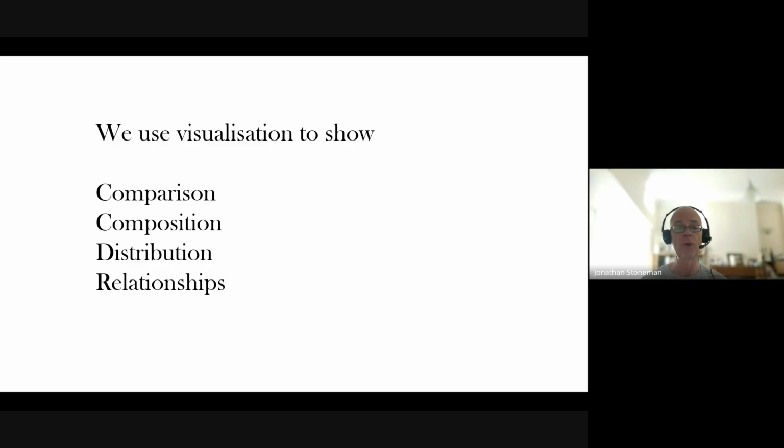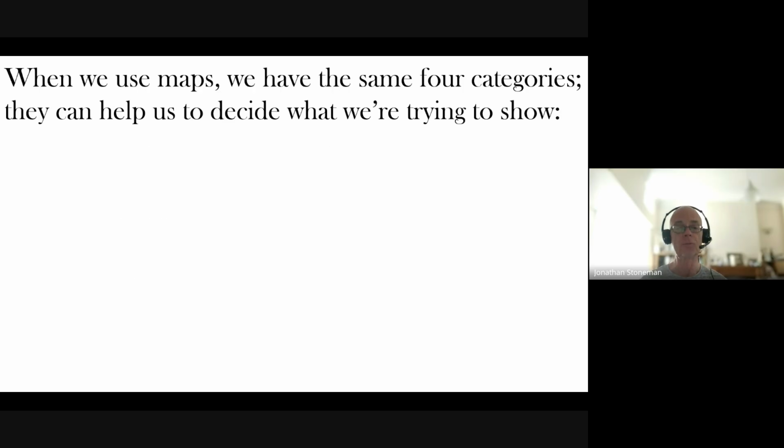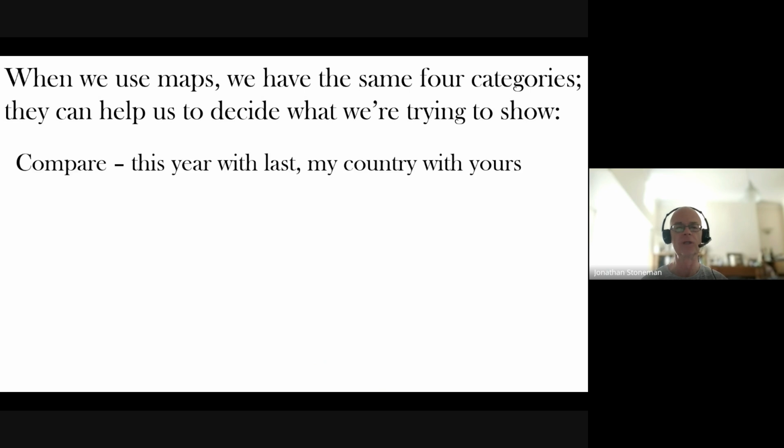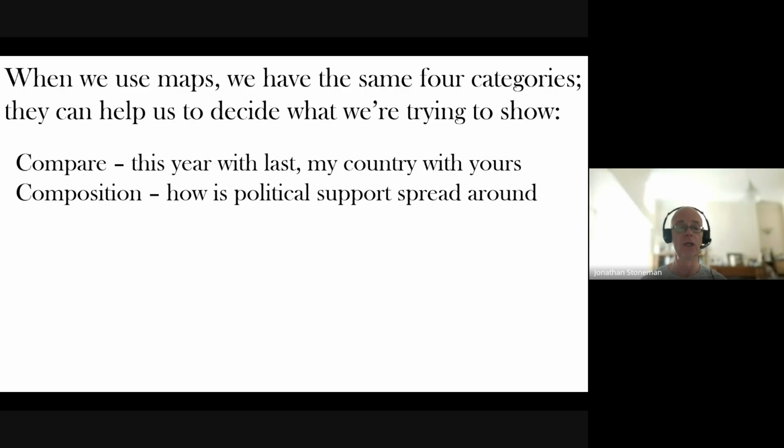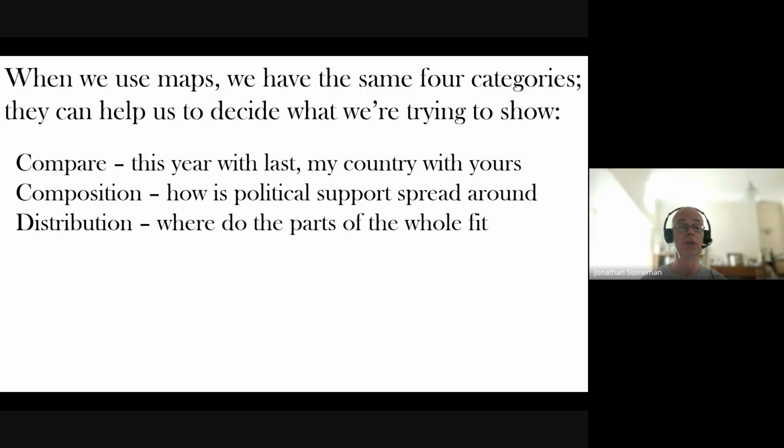But when we add in mapping and geolocation, we're also using the same four things in a slightly different way, but I think it helps to think of it in the same way. So we can compare this year with last year, or my country with yours, visually. We can show how political support is spread around a particular country or continent.